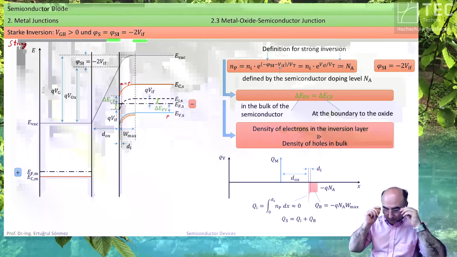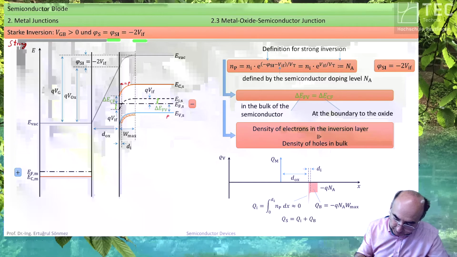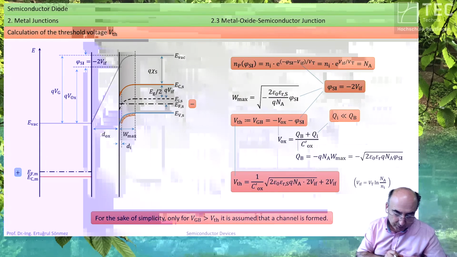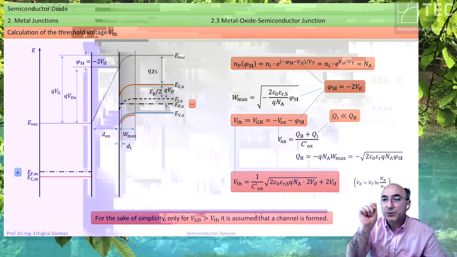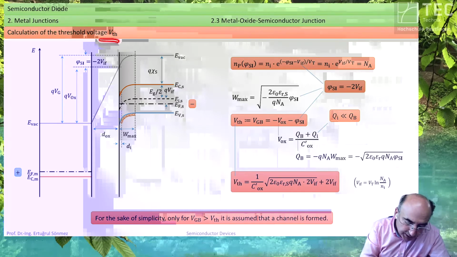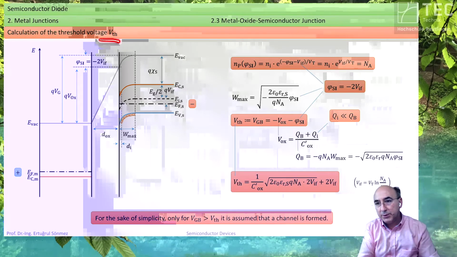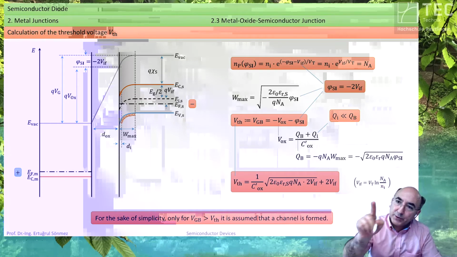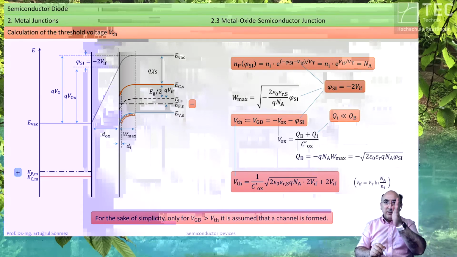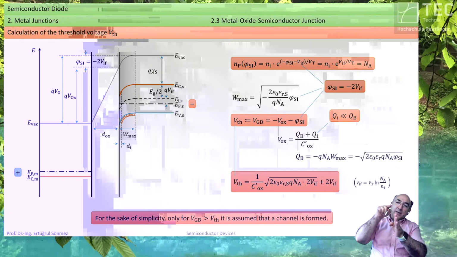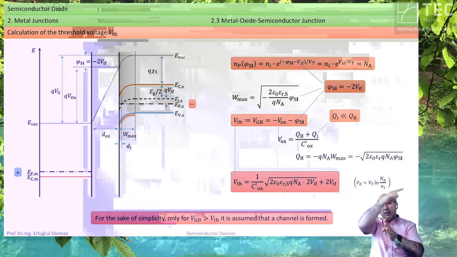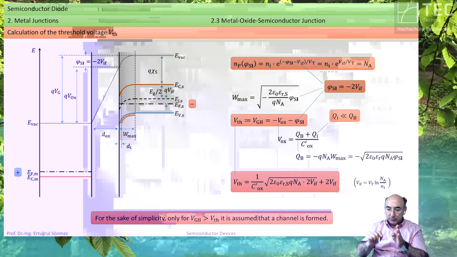That means if you apply this inversion voltage for strong inversion, you reach the threshold voltage. If you reach the threshold voltage, you have at the interface as high a concentration for electrons as you have in the bulk of your semiconductor as holes. But their amount is negligible.